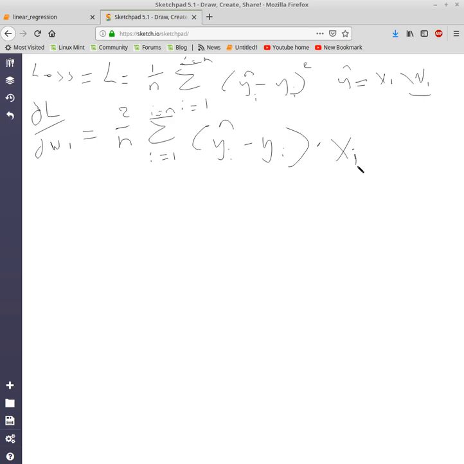This is calculated by using the power rule in calculus, where if y equals x squared, then dy/dx is equal to 2x to the 1. Or more generally, for y equals x to the n, dy/dx is equal to n times x to the n minus 1.